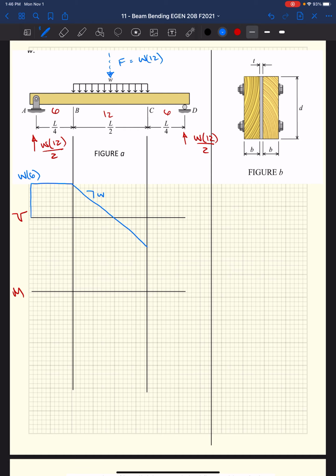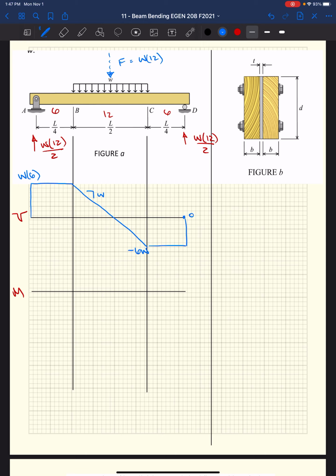So it's going to start at W6 and travel at a negative slope because our applied load is vertical downward. By the time we get to 12 feet, we're going to have dropped W12. So now we're at negative 6W.